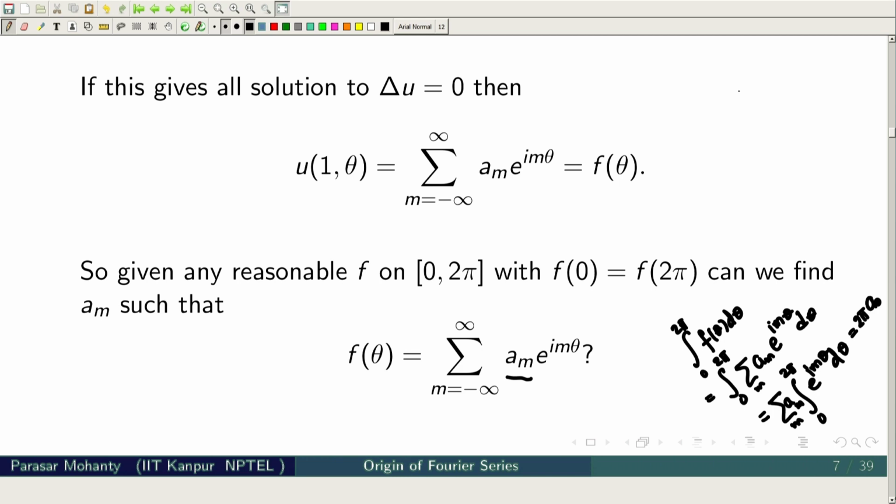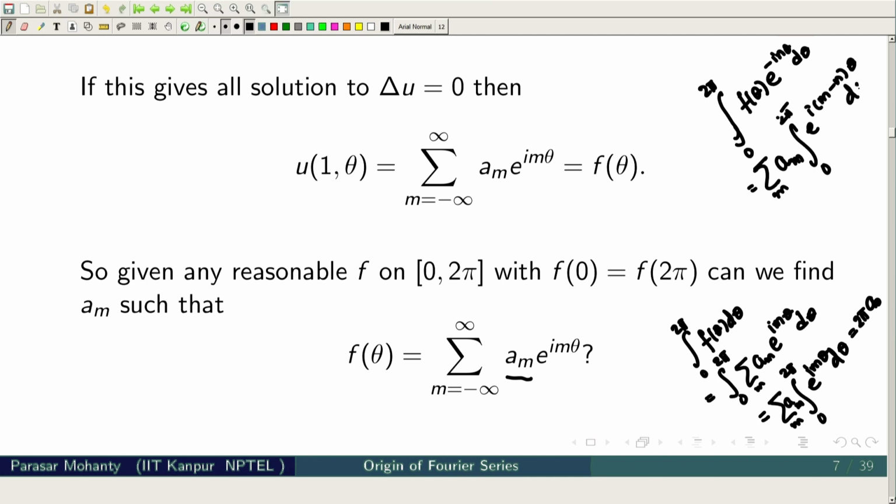Now, in the same way, if we write down the integral from 0 to 2 pi of f(theta) e^(-i n theta) d theta, then without caring about how to interchange the summation and the integration, if we do it formally, this is going to be the integral from 0 to 2 pi of e^(i(m-n) theta) d theta, and this integral is going to survive only when m is equal to n.